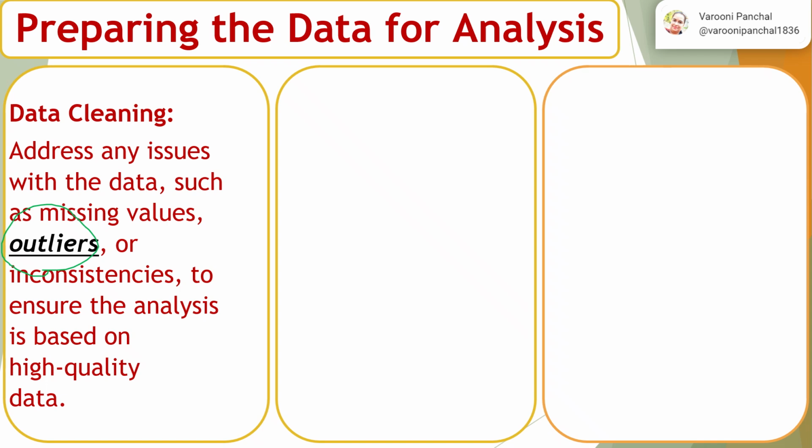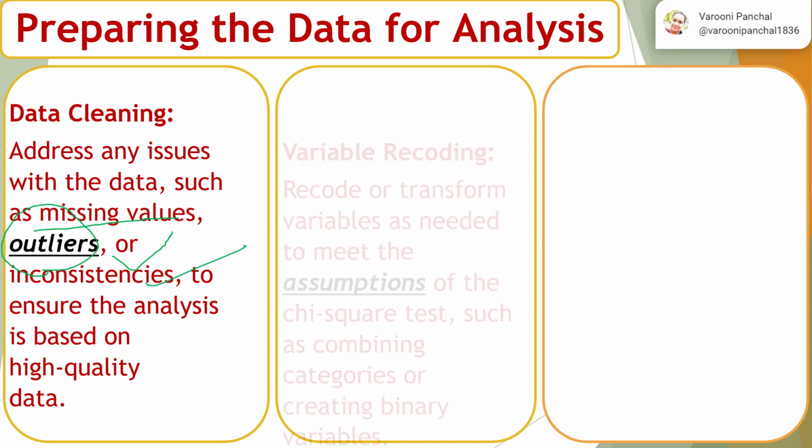So it's very essential that you ensure there are no missing values. So you raise the different queries or questions to the monitoring team, then you check for any outliers. There are various methods for detecting outliers, like the box and whisker plot, and these inconsistencies you can also remove.